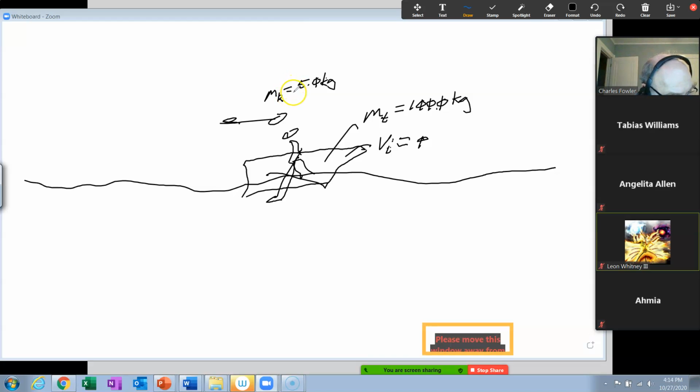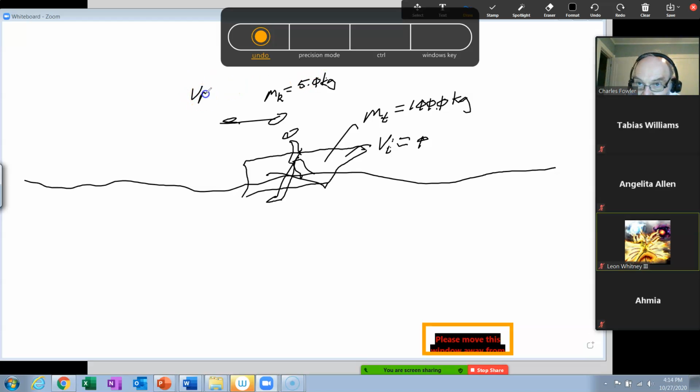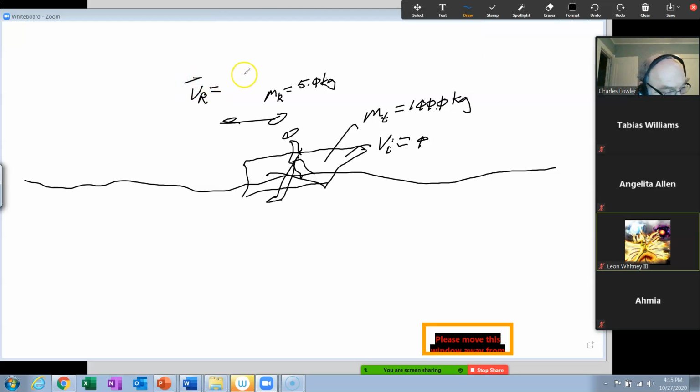Tosses it out the back of the boat with a velocity, so its velocity, V for the rock, is 5.0 meters per second. Now don't think that the numbers have to be the same, they just happen to be in this one. The question now is, what will be the resulting speed of the boat?